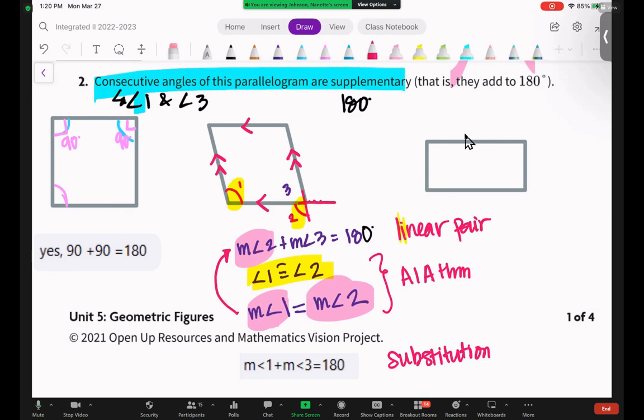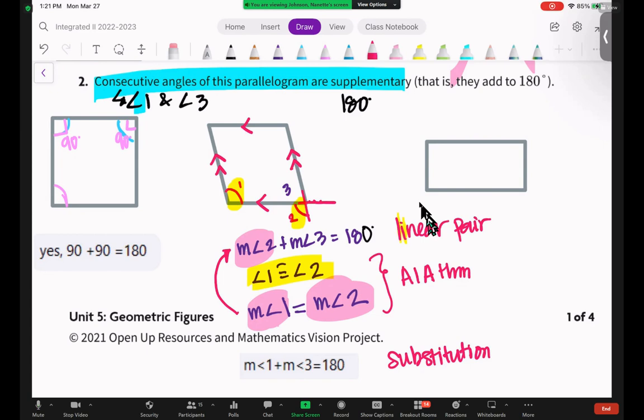Get used to seeing them. When I see this, it means this. Whenever I see a lot of substitution here, like measure of angle 2 plus measure of angle 3 equals 180, and then measure of angle 1 equals measure of angle 2, I bet you I'm going to do substitution. So recognize that when you form a line, it's going to be linear pair.